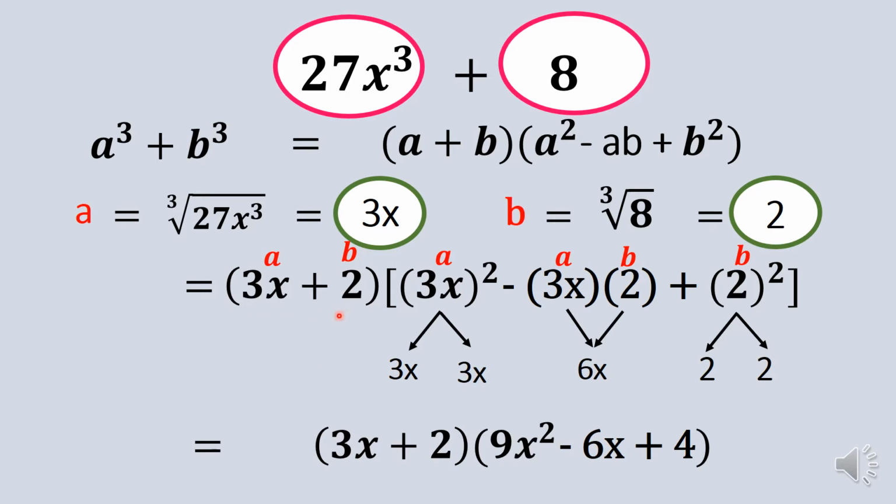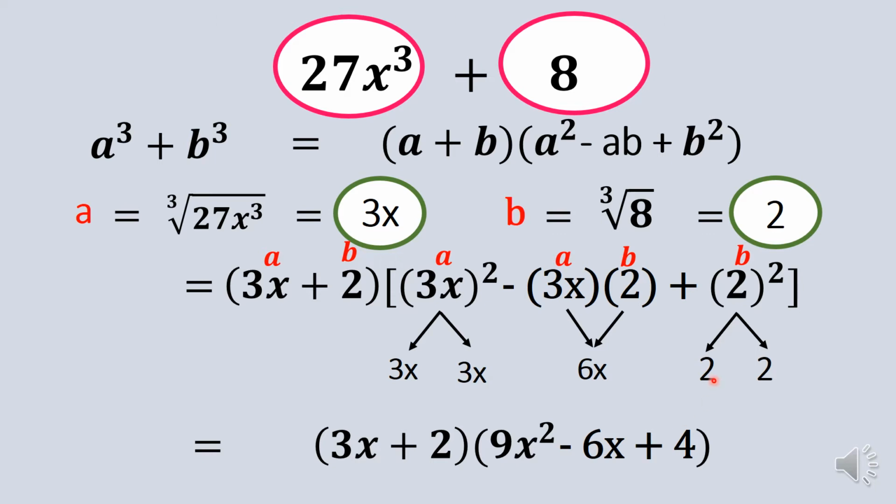We just copied the first factor. Next, where did the 9x squared come from? From multiplying 3x times 3x: 3 times 3 is 9, and x times x is x squared. Then we just copy the 6x, bringing down the operation, and also bring down the plus.